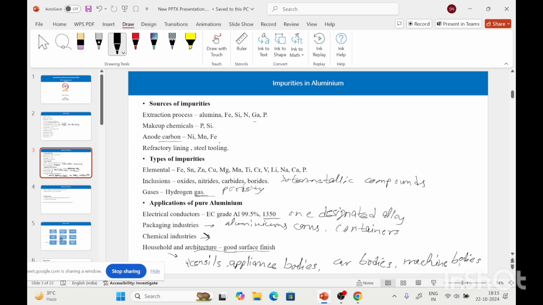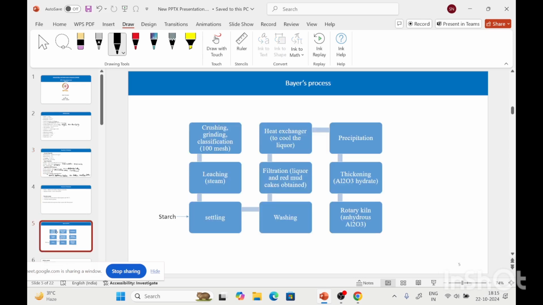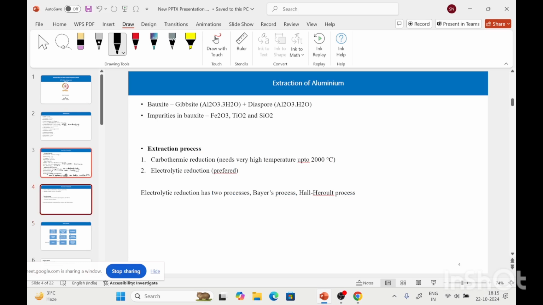Next we will study the extraction process of aluminium. The aluminium is extracted from its ore, which is generally known as bauxite. Bauxite has two types of mineral. First is gibbsite, which has the formula Al2O3.3H2O, and diaspore, Al2O3.H2O.